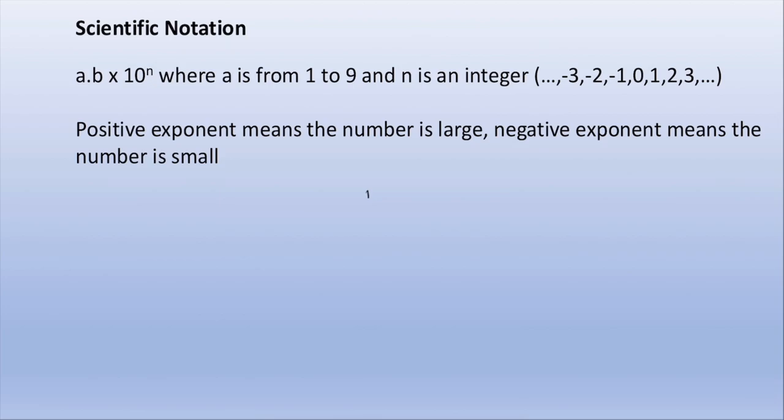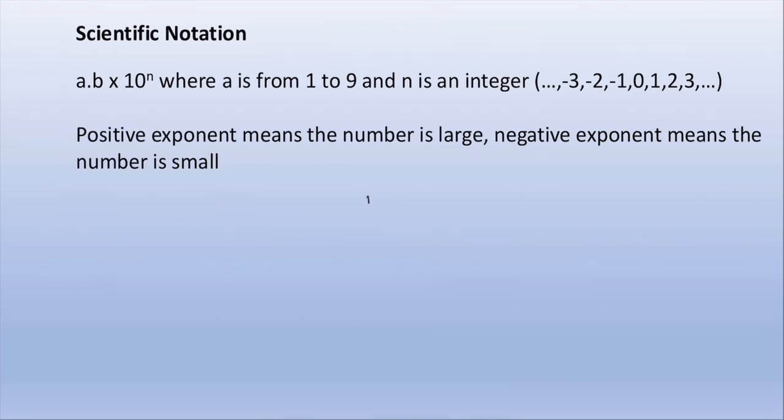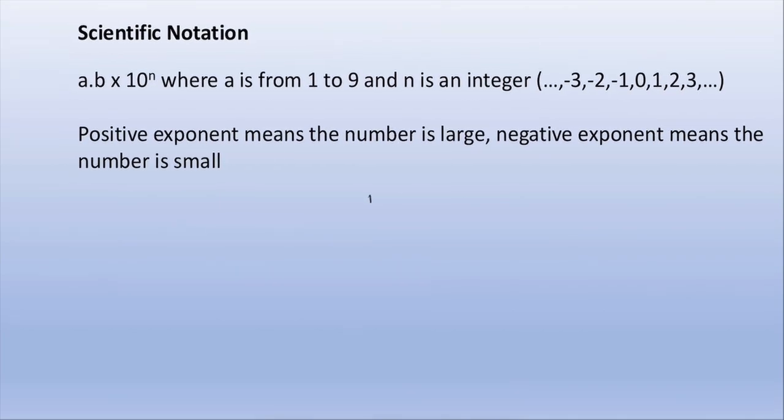Positive exponent means that the number is larger than 10, and negative exponents means that the number is smaller, a decimal value of some sort. So, like if we see a number 2.7 times 10 to the third, that technically is the number 2700.